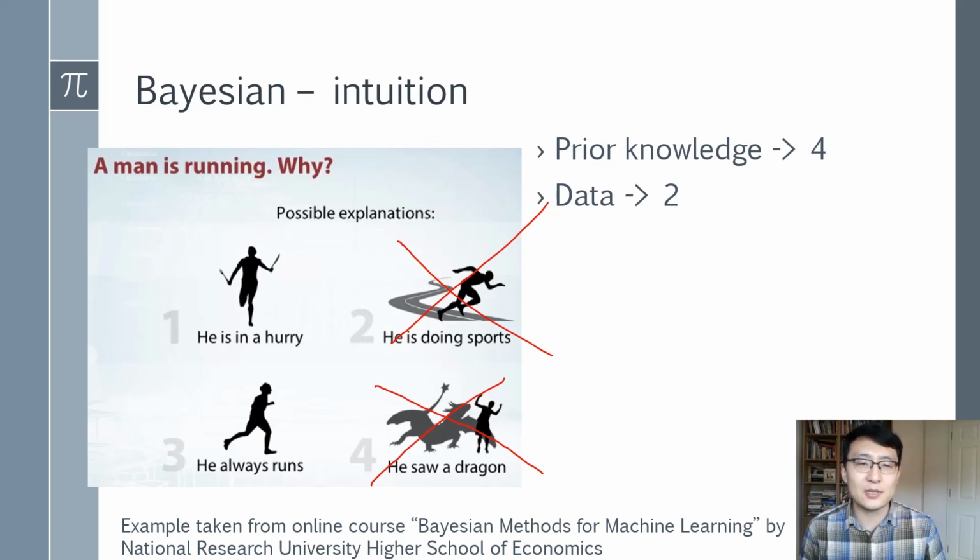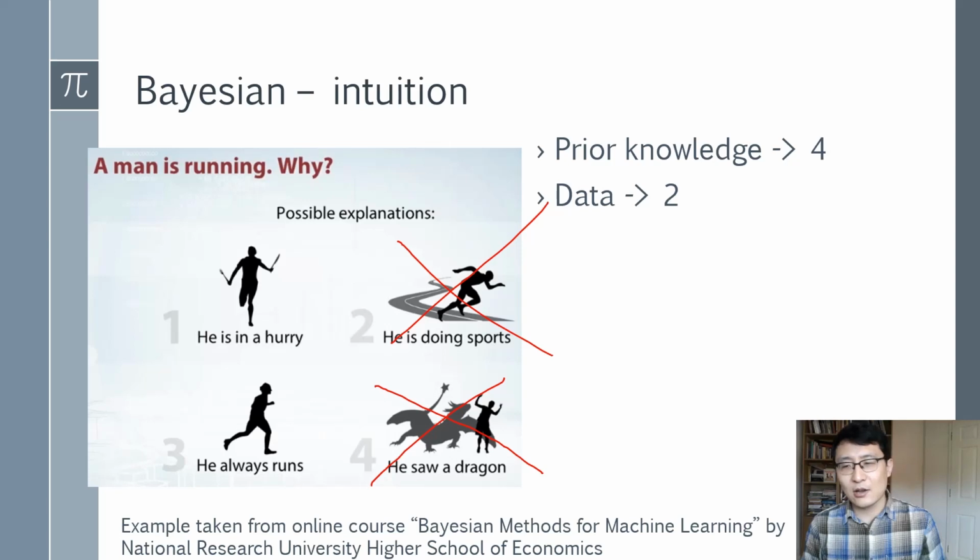If you know this person well, and he seems to always run from one place to another, then probably he always runs is the correct answer; otherwise he could just be in a hurry.